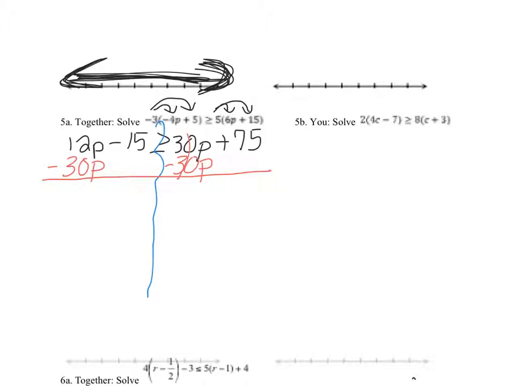Okay, so 12 minus 30 is negative 18p. Bring this down, minus 15, 75. And then subtracting doesn't change your inequality, so you still have a greater than or equal to.